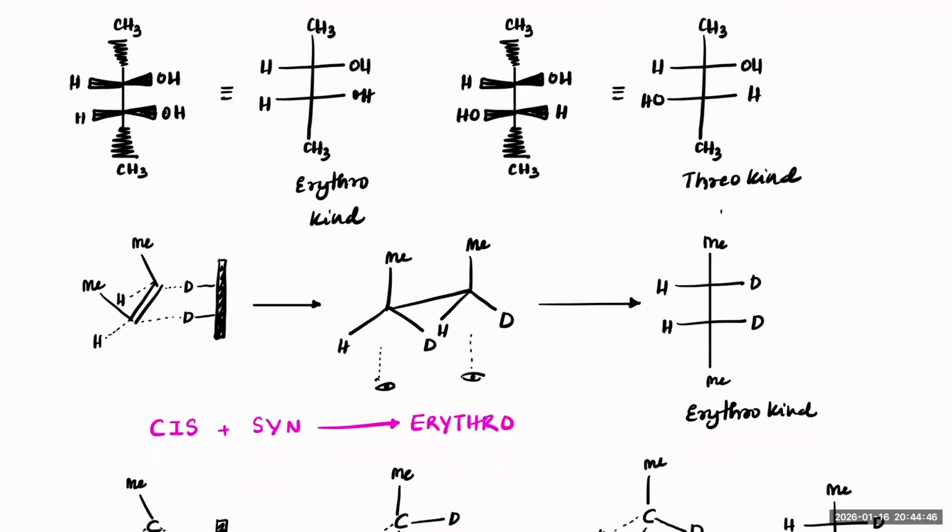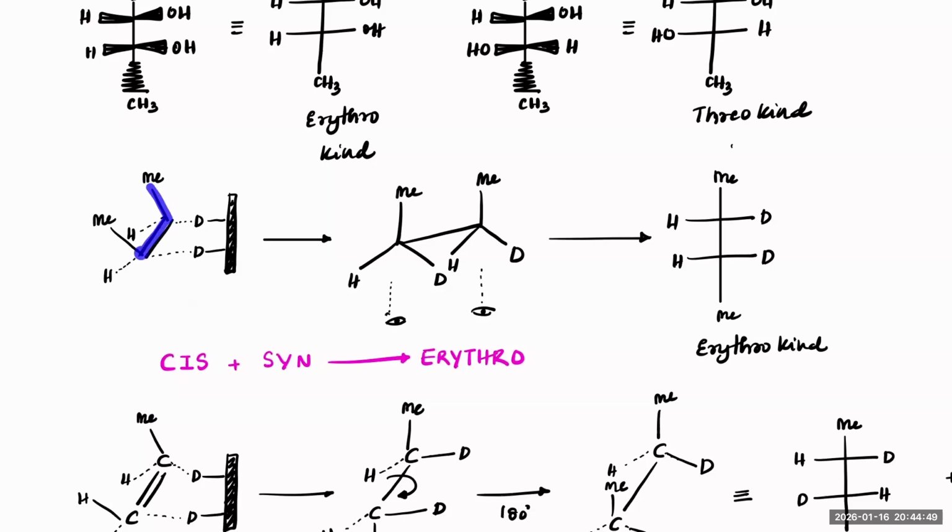Now notice this, everybody. When you had a cis molecule, correct? Hydrogen was here, methyl was here, methyl is here, hydrogen here. These are all on the same plane like this. Now, the minute a deuterium is coming from one particular end, this pi bond is lost and this sp2 carbon has now converted into an sp3 carbon. Hence, what happens?